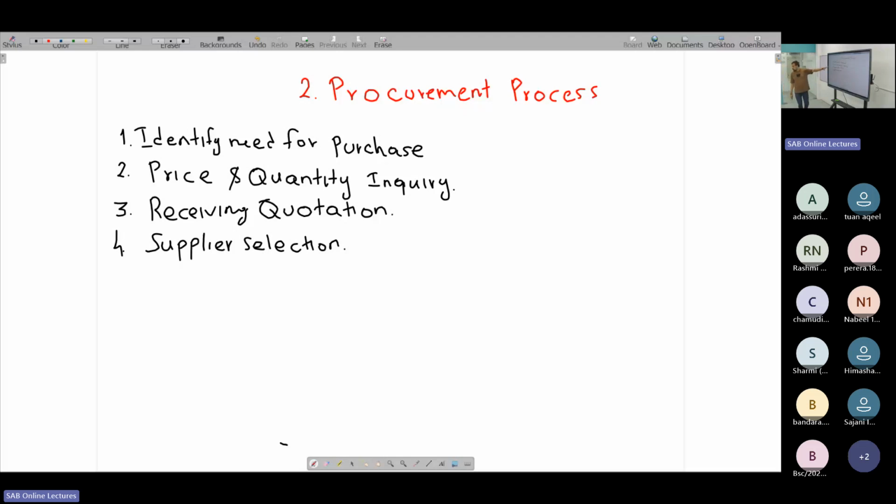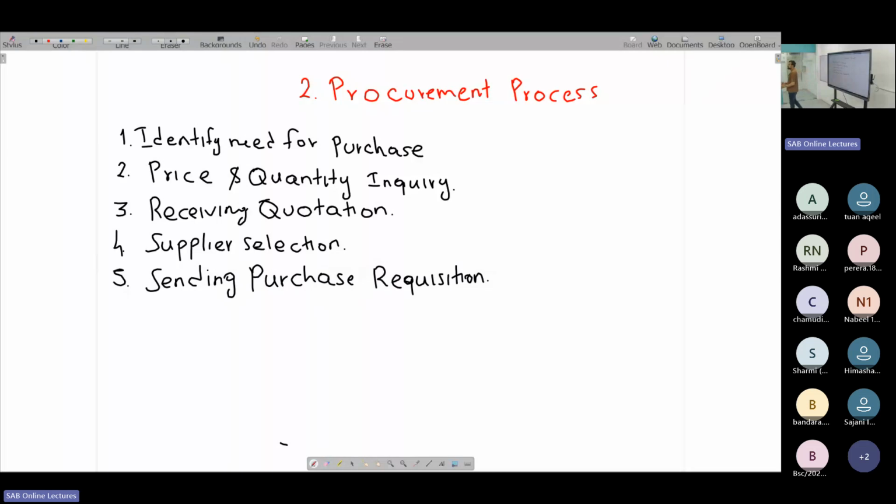So once we select the supplier, now, based on the quotation, this is the subject matter, supplier selection.